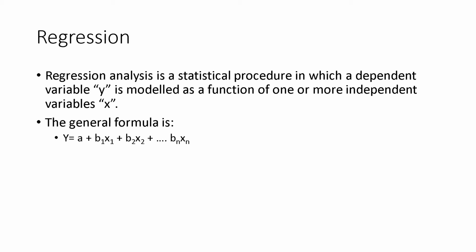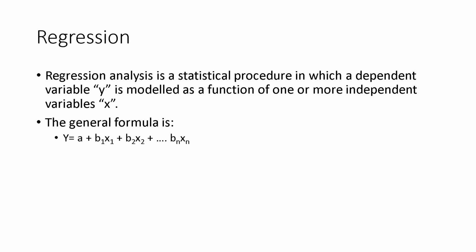The general formula or equation is y equals alpha plus b1x1 plus b2x2 plus bnxn. Now, y is the outcome variable.